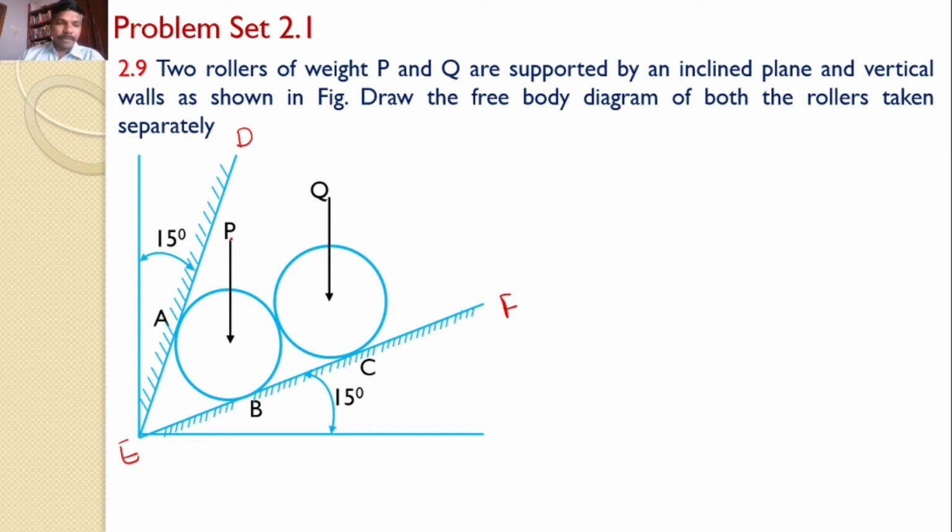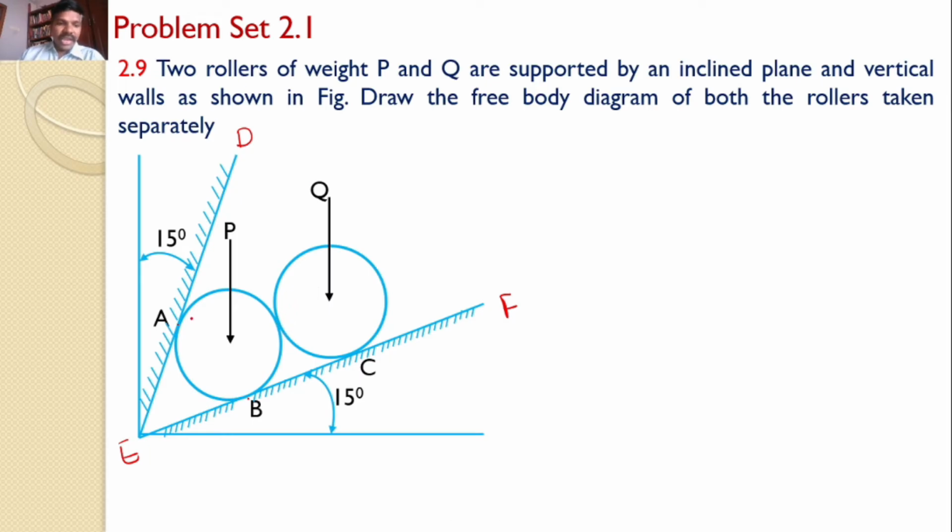The weight of roller P, that is weight P, acts downwards. Clearly it is already indicated here. In addition to this, roller P is supported by the fixed wall at A and B, and also it is supported by another roller Q here.